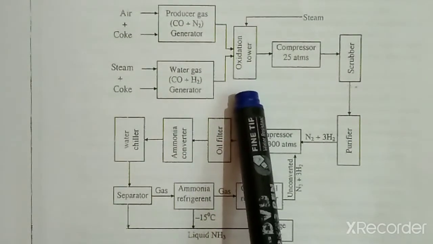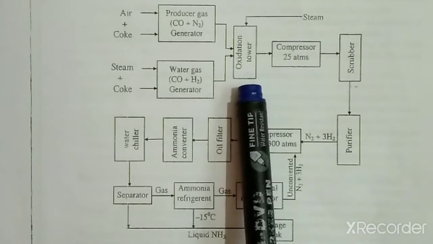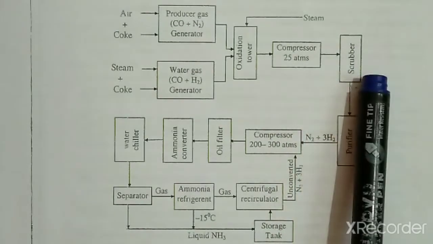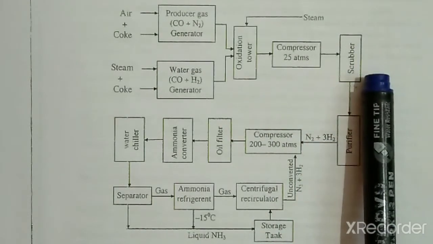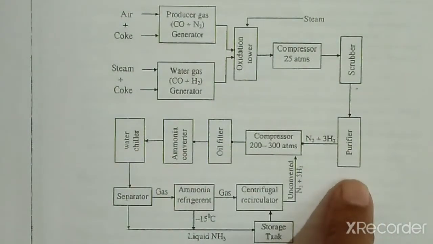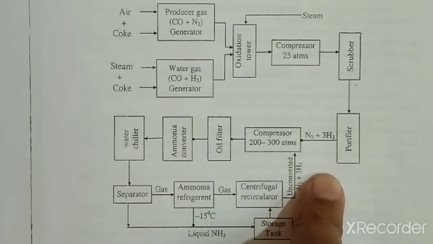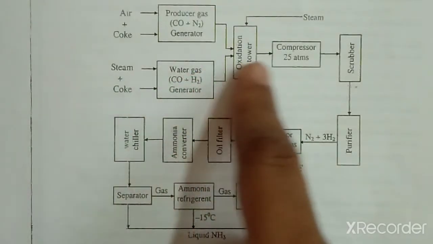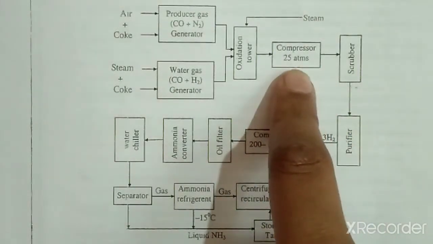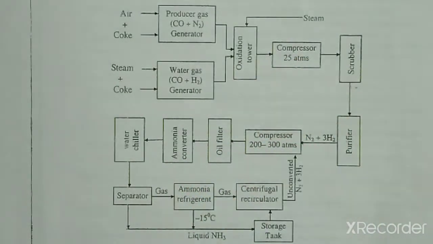In the oxidation tower, steam is passed, and the reactants are compressed at a pressure of 25 atmospheres, which is then passed through a scrubber. The need of the scrubber is to remove unwanted gases from this mixture, which is then purified through a purifier. From the oxidation tower to the purifier, the pressure, the addition of steam and the scrubber help remove different unwanted gases.